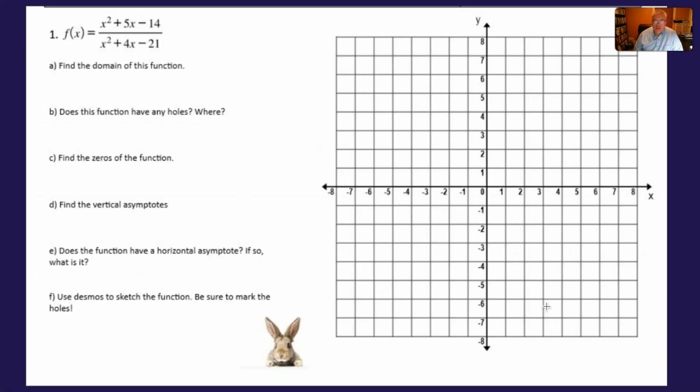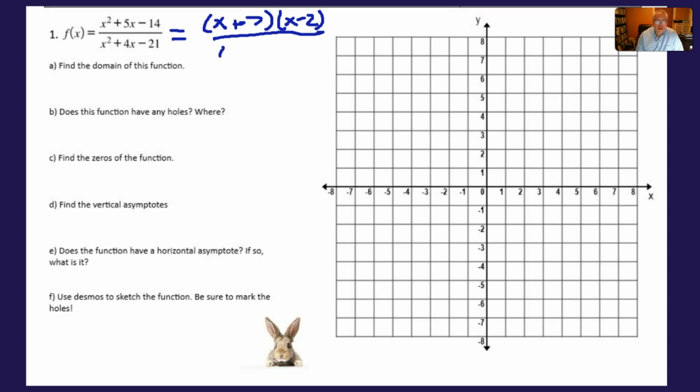Okay, I want to do one example from the assignment. The first step is to factor the numerator and the denominator so we can see if they have any common factors. You can use Wolfram Alpha for this if you want it to factor for you. But this one's going to factor into x plus 7 times x minus 2.